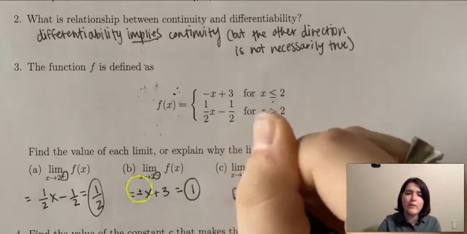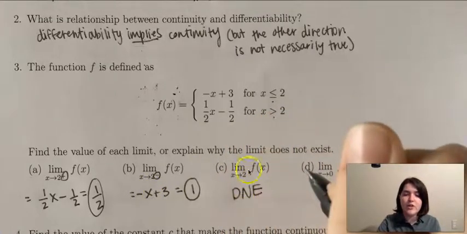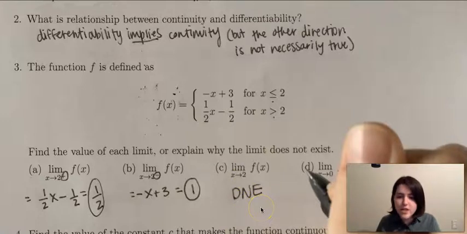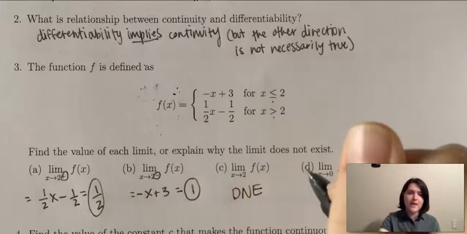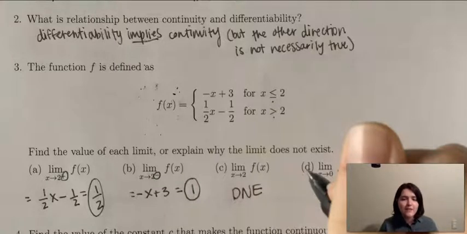So then we know that the limit approaching 2 does not exist because these two numbers are not the same. And as we talked about in the beginning, the definition of continuity, the left side of the function and the right side of the function have to be approaching the same number. They have to be equal. Okay, sorry, I misspoke.